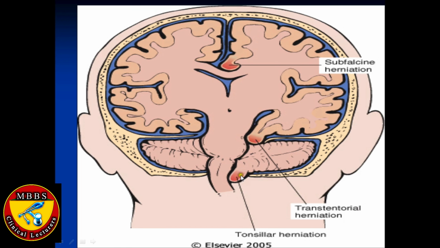One of the openings is the foramen magnum here at the base of the neck. When the brain herniates through this foramen magnum, this is the medulla, and here in the medulla, I told you, are the vital centers. When these vital centers are pressed upon, it might have fatal consequences.